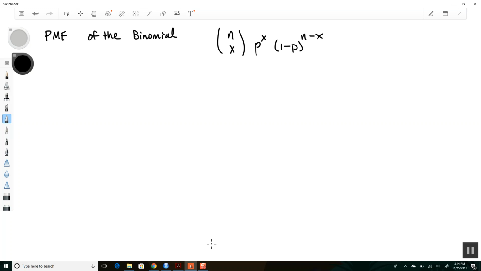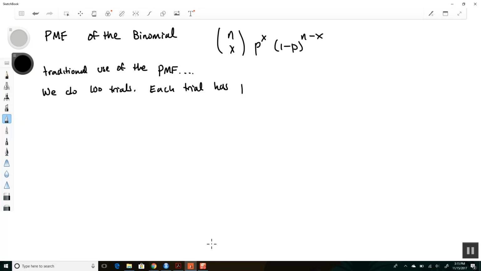The traditional use of the PMF would be something like we do 100 trials, each trial has P equal to 0.7 of success, and we ask what is the probability we get 64 successes.